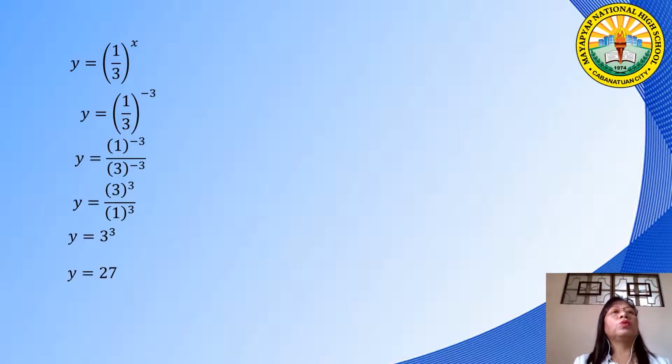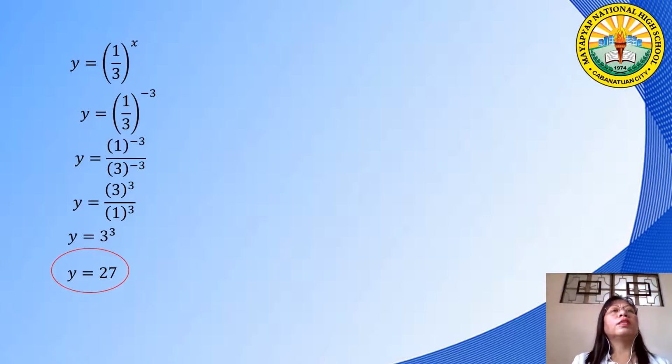And if you apply it to the other assigned values of x, when x is -2, y = 9. Then if x is -1, this becomes 3, and so on and so forth.